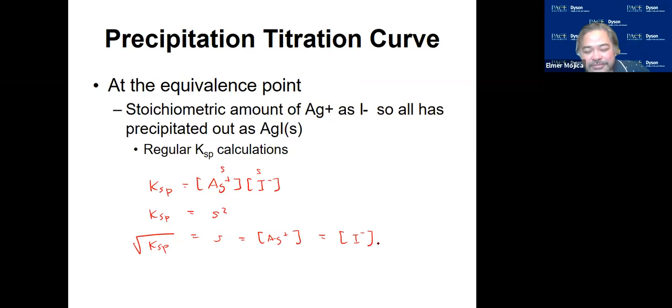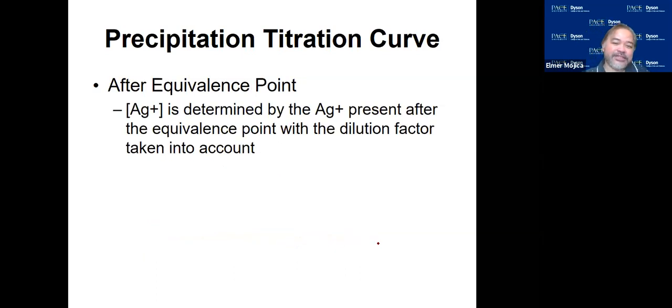So the silver ion and iodide are meeting already. Earlier, one is so high, the other one is so low. Here, they start to meet. They're already equal. And then after the equivalence point, the silver ion is now the one that is in excess.